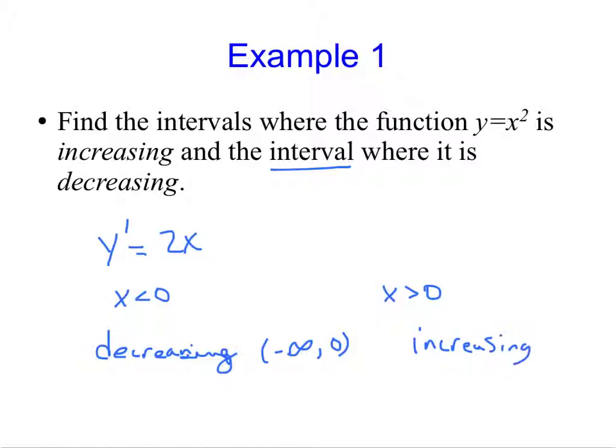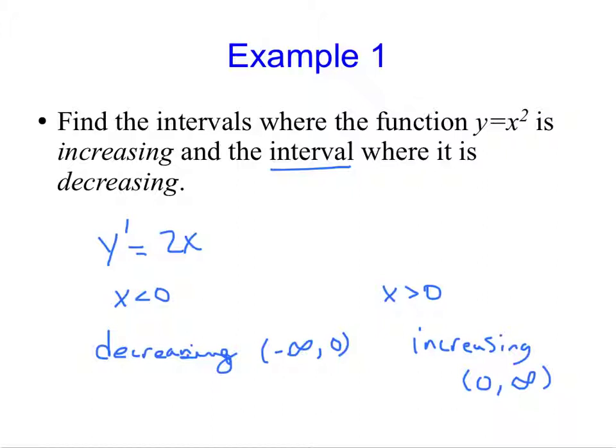I apologize. We're increasing on x greater than 0 if we're using interval notation. That's 0 to infinity. And then at the single point 0, that's when our derivative is 0. And the function would be constant there, except it's only one point. It's not an interval. So we're decreasing from negative infinity to 0, all of the negative numbers, and we're increasing on the positive numbers, 0 to infinity.